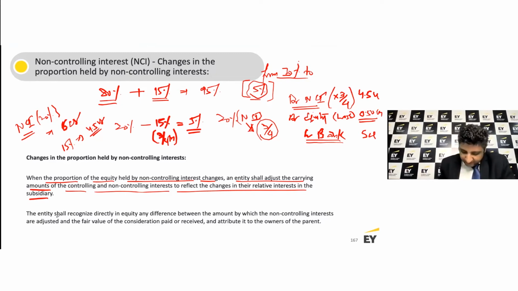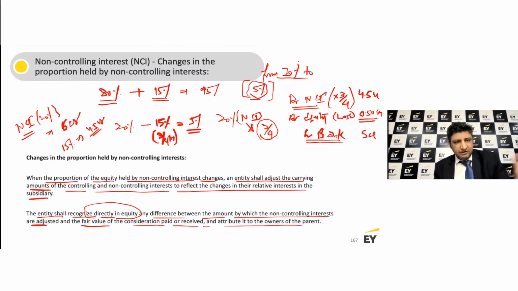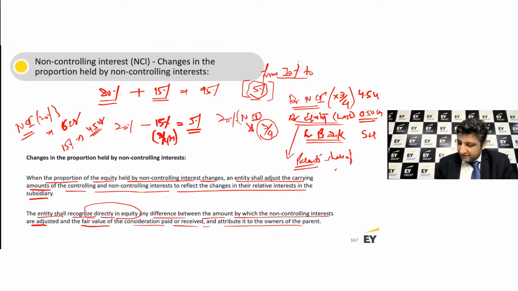The entity shall recognize directly in equity any difference between the amount by which the NCI are adjusted and the fair value of the consideration paid or received. If you are acquiring further, then you pay. If you are selling your stake, then you receive, and it is accordingly attributed to the owners of the parent. So this equity, which is the loss in the given case, would pertain to the parent's share.